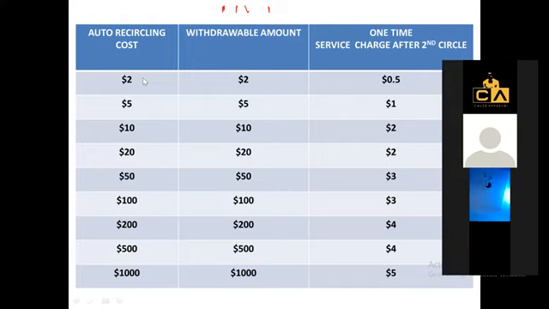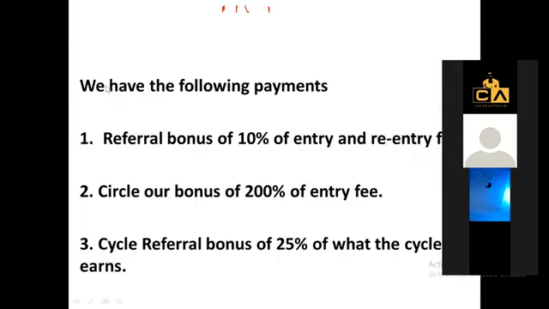Sorry, an auto recycling of $2, and is going to earn $2. Now, the person who sponsored that guy into the cycle plan is going to earn 25% of what the cycler earns. So if the cycler earns $2, because that $2 is the one that is withdrawable, though it earns $4, $2 is for auto recycling and $2 is what can be withdrawn.